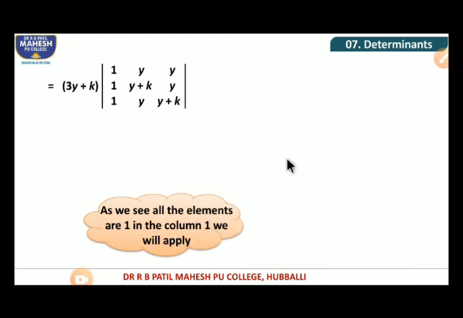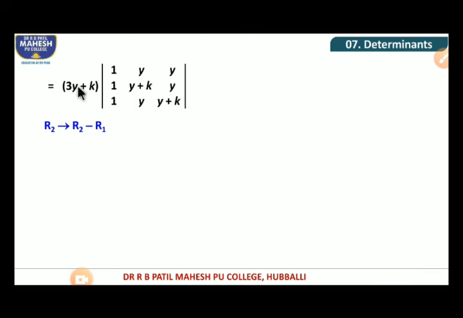As we have seen, all the elements in the first column are 1. Here R1 is kept, so R2 minus R1. Similarly we can operate R3 minus R1 to make two zeros here, right? Therefore by operating this, we get 3y plus k into the determinant with the first row as it is, 1, y, y, and the second row becomes 1 minus 1 is 0, y plus k minus y becomes k, y minus y is 0.